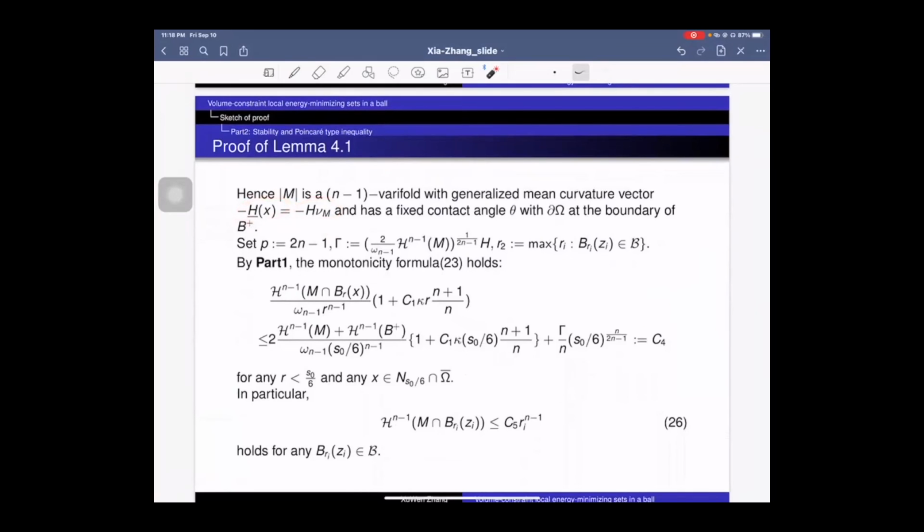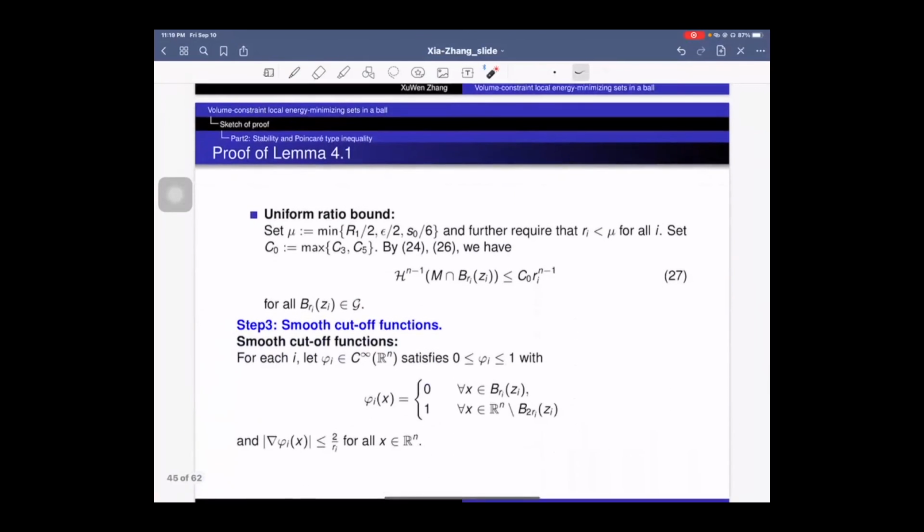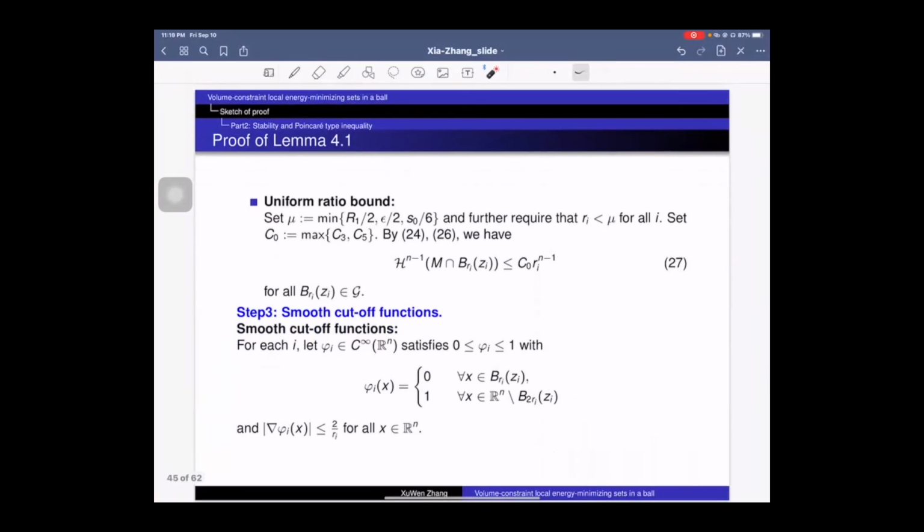So we can use the monotonicity formula to see that for every boundary ball, this formula holds. In conclusion, for any covering ball, either near the boundary or inside, this formula holds.